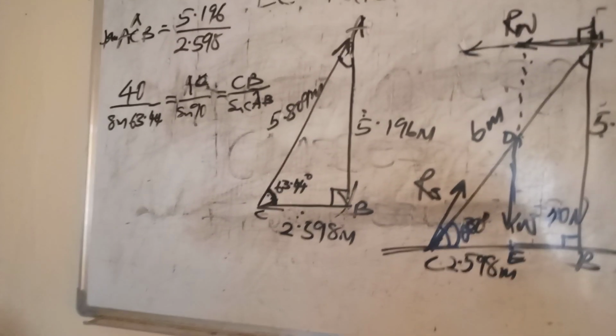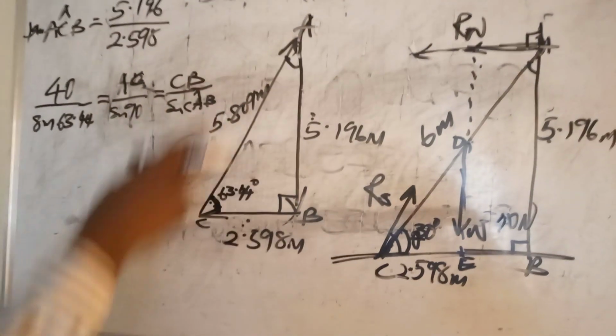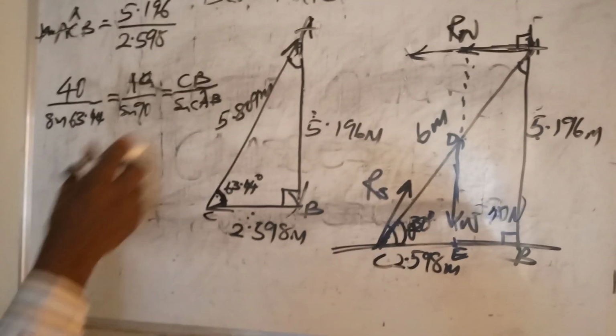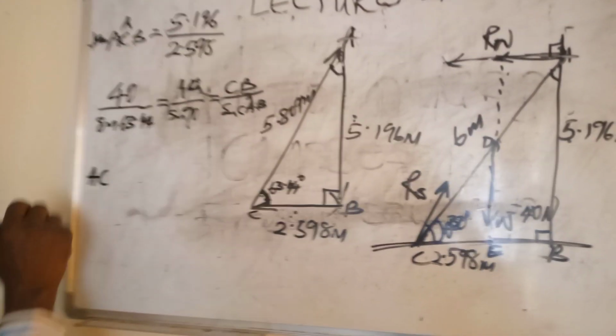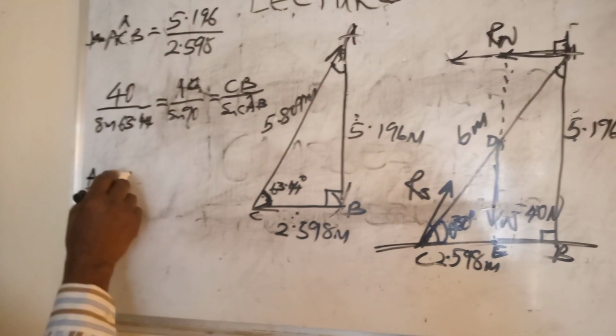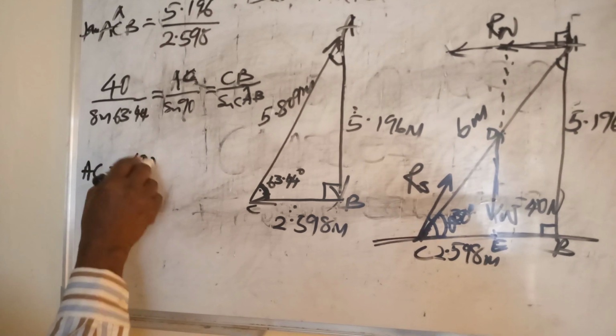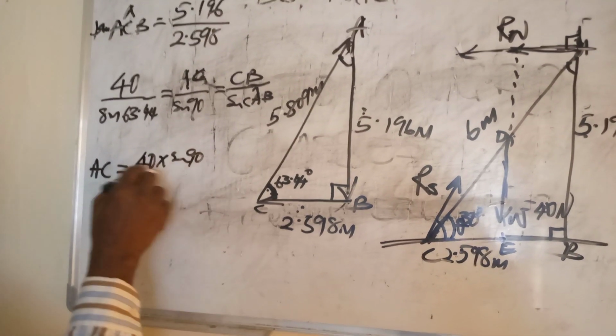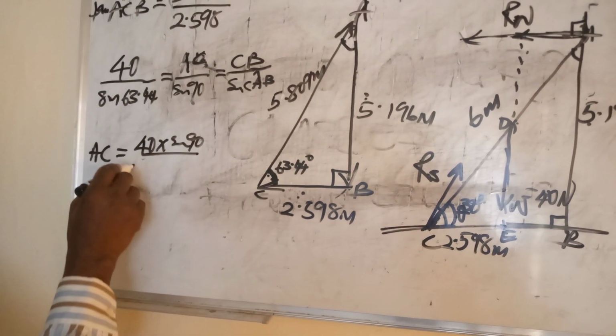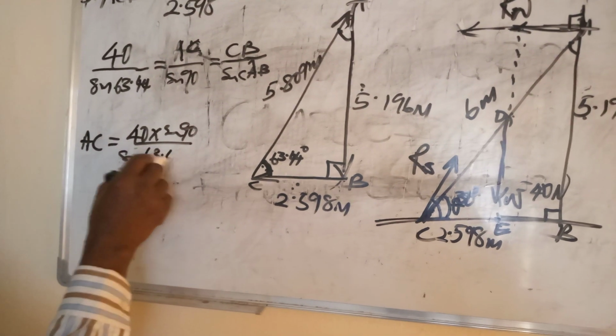If I want to get AC, which is the reaction from the ground, I have AC is equal to 40 times sine 90 over sine 63.44.